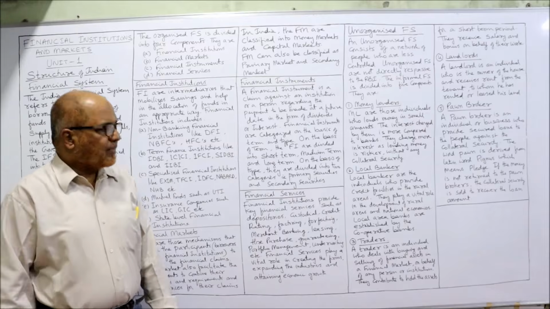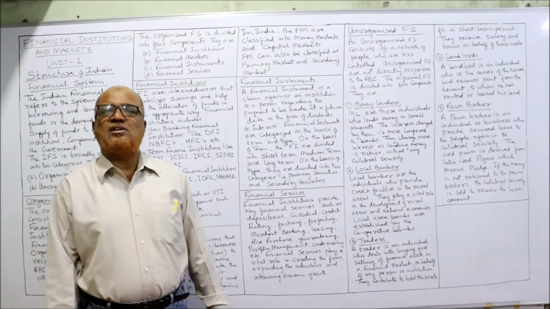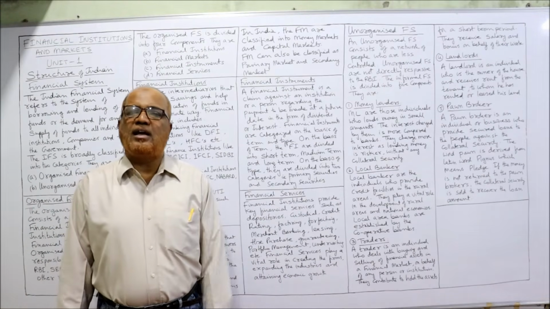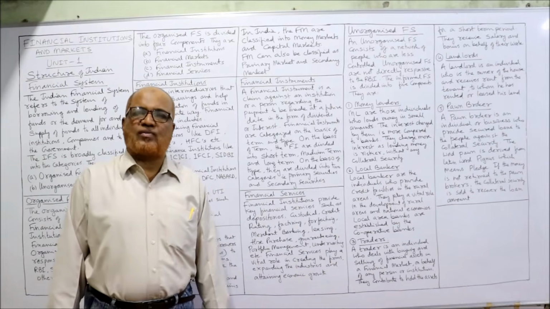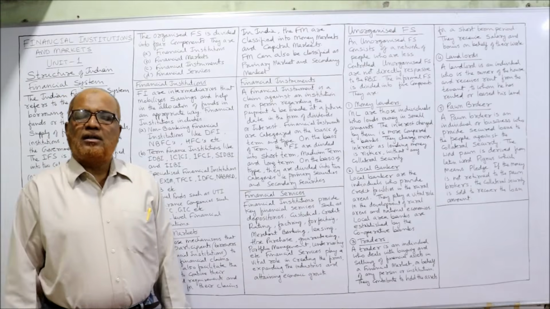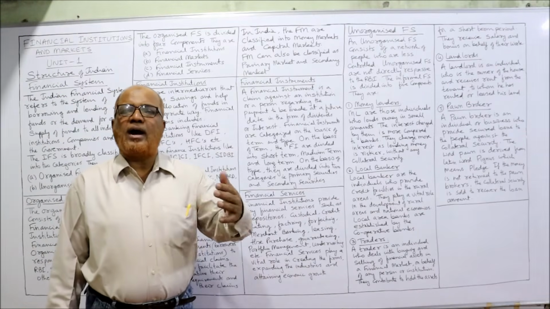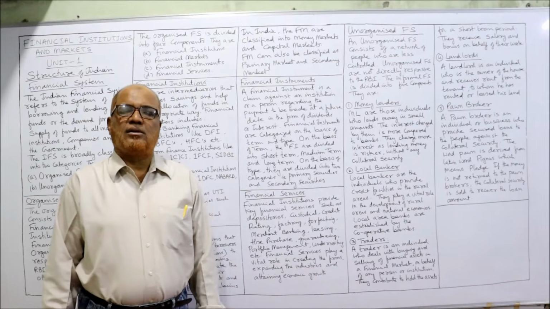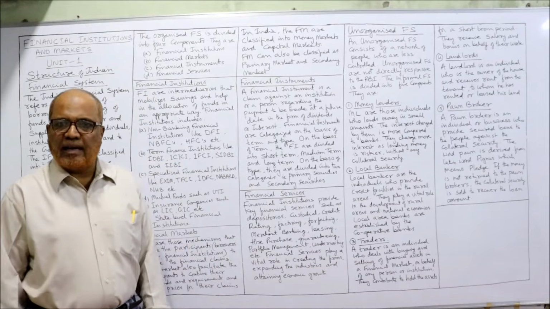Lastly, financial services. This is the fourth component of the Indian organized financial system. Nowadays, the financial institutions provide a number of services to the borrowers and lenders.